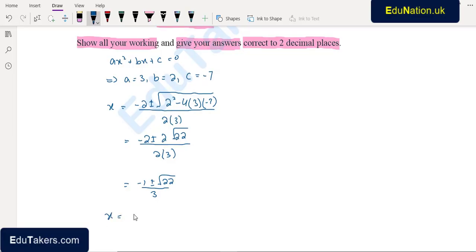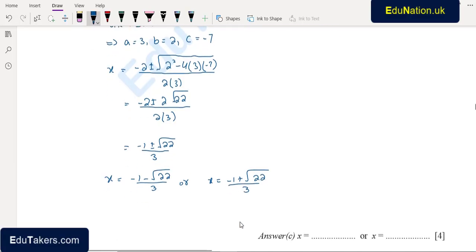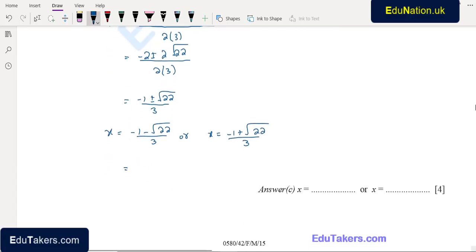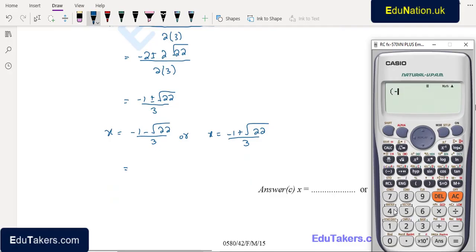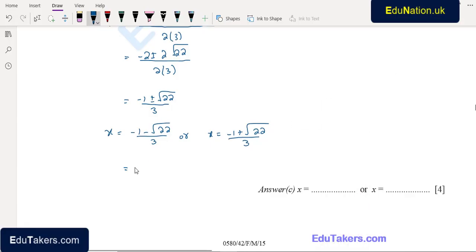Now x is equal to (−1 − √22)/3, or x is equal to (−1 + √22)/3. (−1 − √22)/3 is −1.90, correct to 2 decimal places.